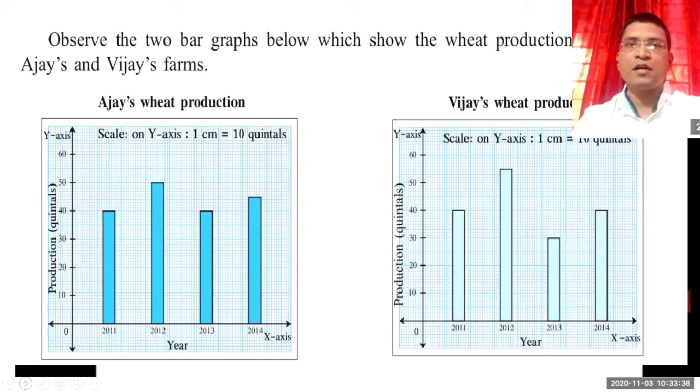We will notice, as we learned in the previous lecture, on the x-axis the years are given, and on the y-axis the production in quintals. In the same way, on the bar graph of Vijay, the years are on the x-axis and production in quintals on the y-axis.